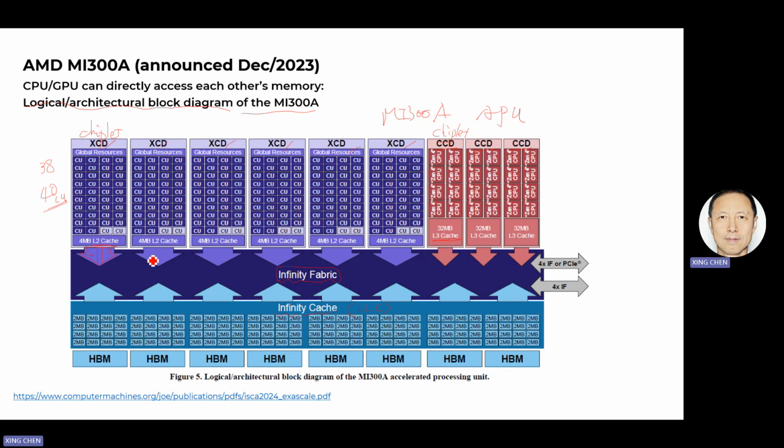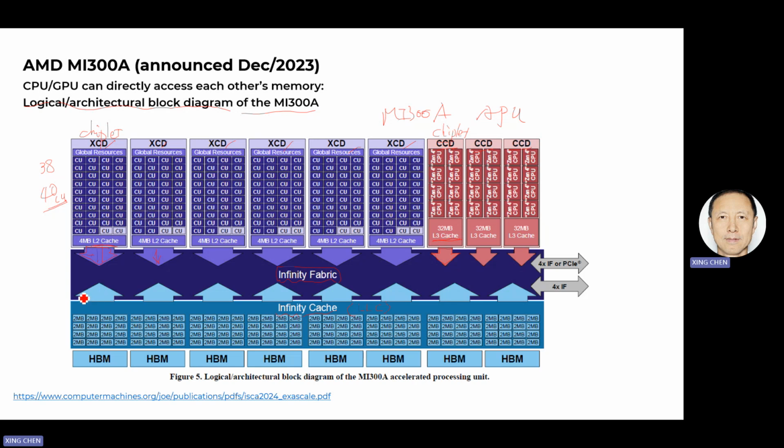Each XCD is connected to the Infinity Fabric. You have the arrow here showing that it is connected to the Infinity Fabric, and then you also have this arrow showing that the CCD is also connected to the Infinity Fabric.